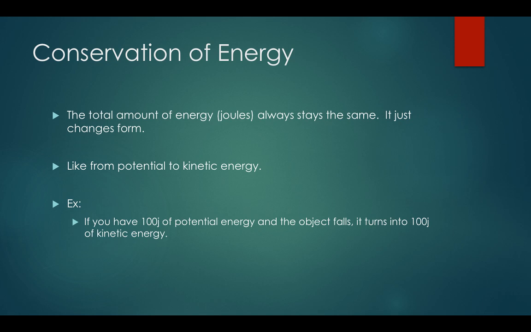And that's basically it. That's all the conservation of energy is saying, that the total amount of energy stays the same. In this case, after it falls, the potential energy would be 0, and the kinetic is now 100. So the potential turned into kinetic.